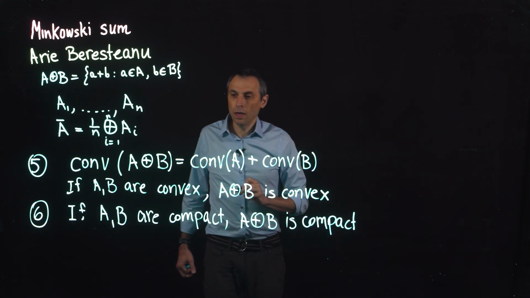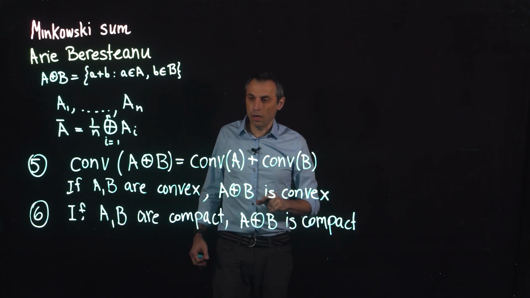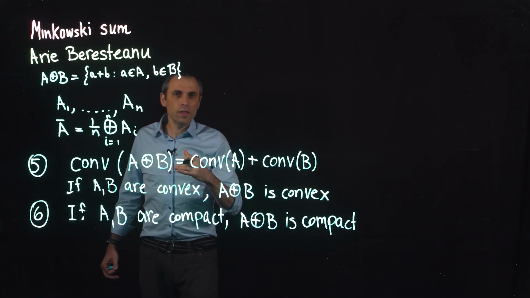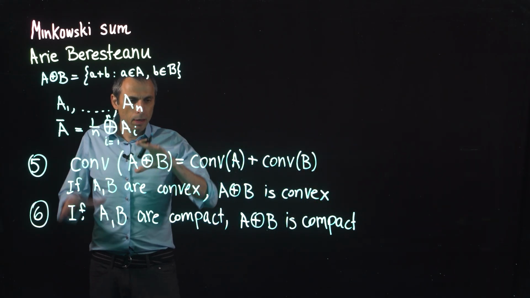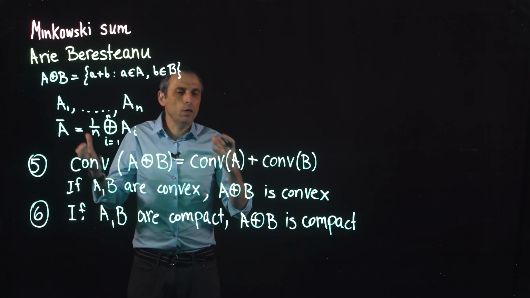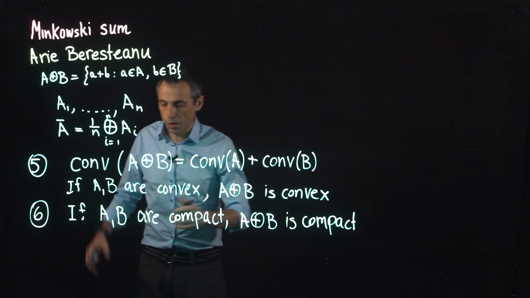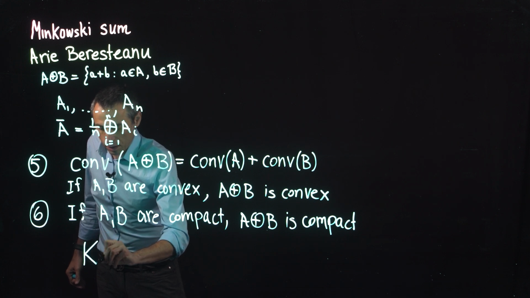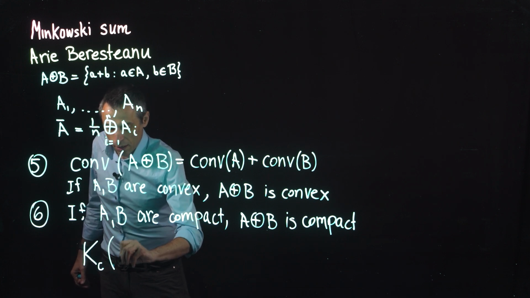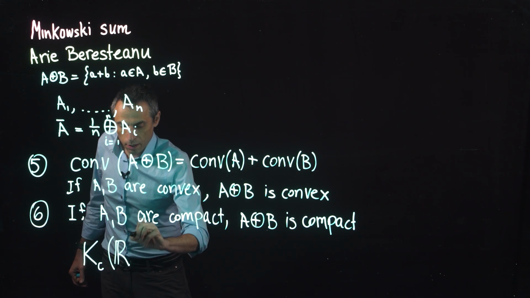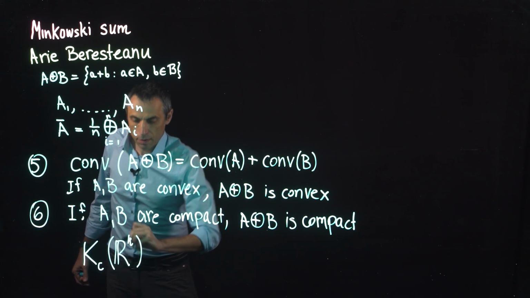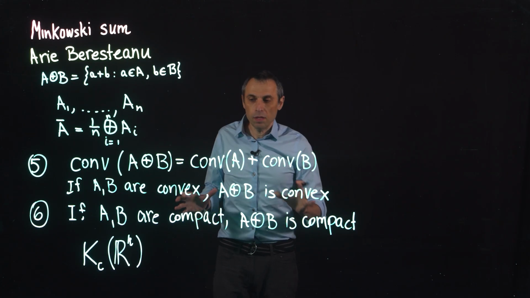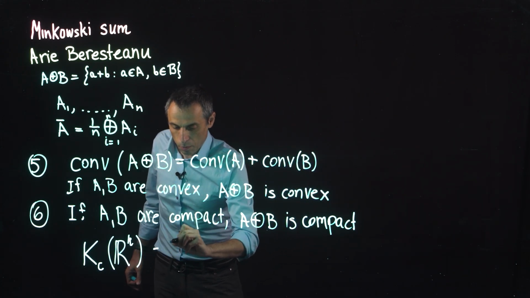Again, these two are very good properties. Why do we need 5 and 6? If we make a collection of sets, we don't want to talk about all the possible sets. Let's define by K subscript C of Rk the collection of all compact convex subsets of Rk.